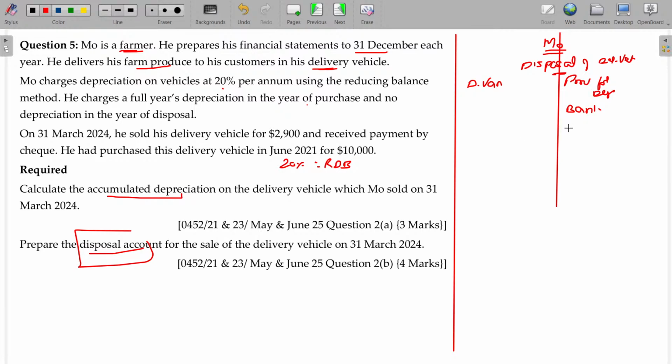And then you will get either profit or loss. In case of loss on sale, it comes here. In case of profit on sale, you will get the value here. So loss, or in case of profit, it will appear here. Profit on disposal.